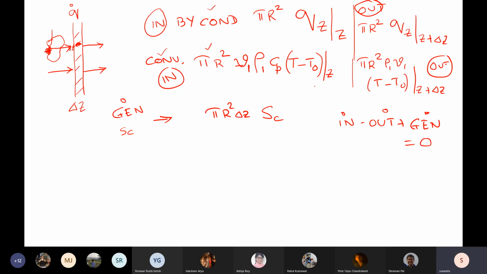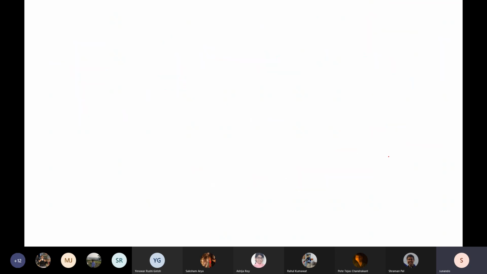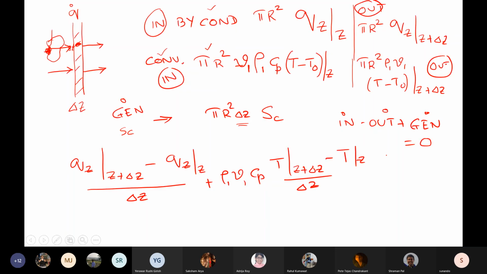So once we divide both sides by this delta z, what we get is QZ, the conductive heat at Z plus delta Z, minus QZ evaluated at Z, divided by delta Z, plus rho1 V1 Cp (T at Z plus delta Z minus T evaluated at Z) divided by delta Z, is equal to SC, which is the volumetric heat generation.